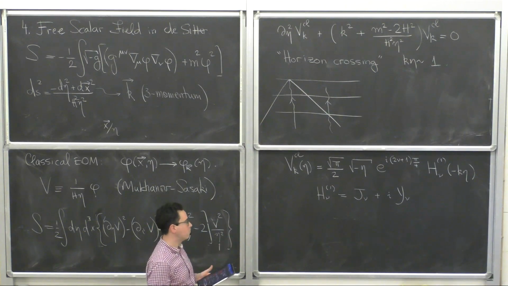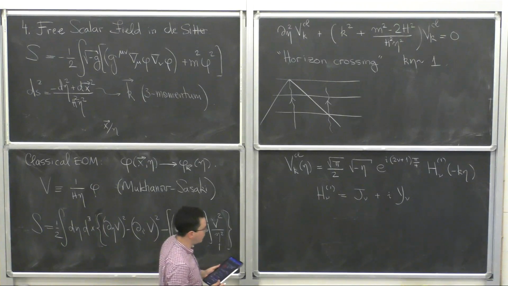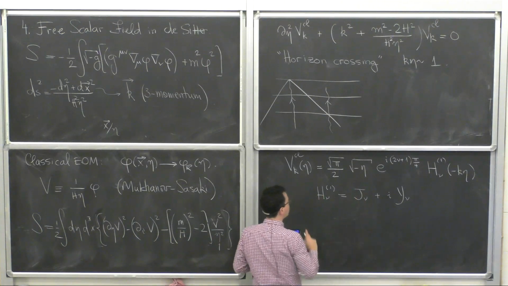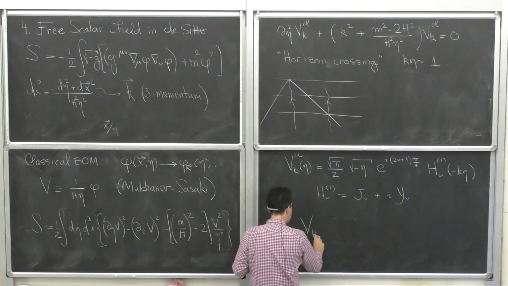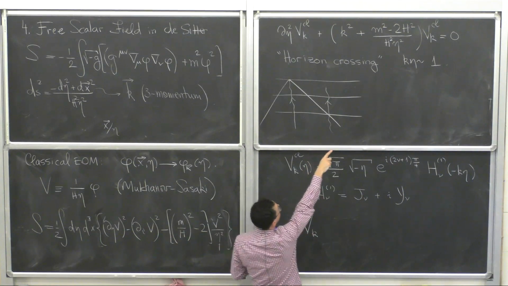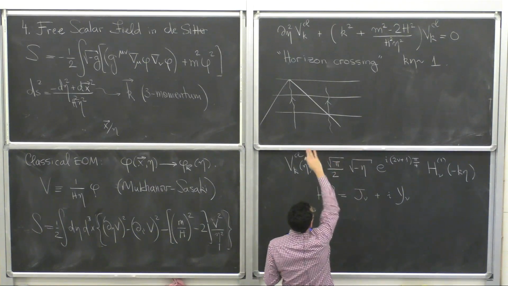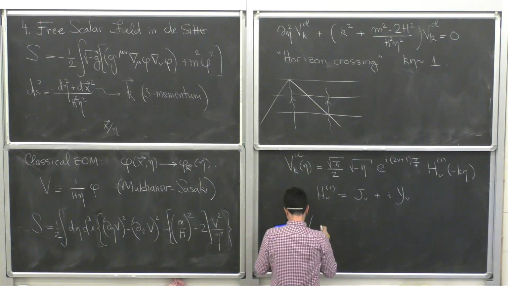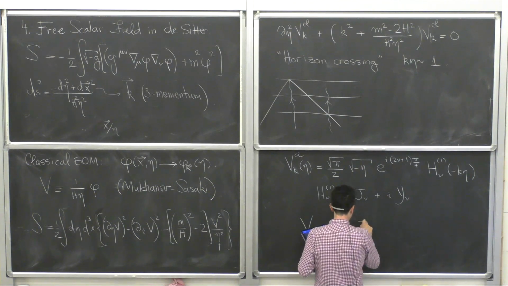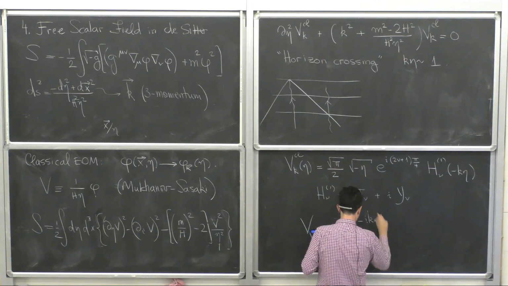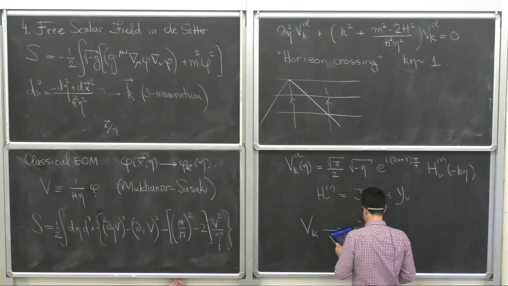Well, if you do, come talk to me after the lecture. But the point is that Vk, if you look at very early times, you can neglect the second term. It's just a standard harmonic oscillator. And this is the choice for which Vk goes like e to the minus ik eta.